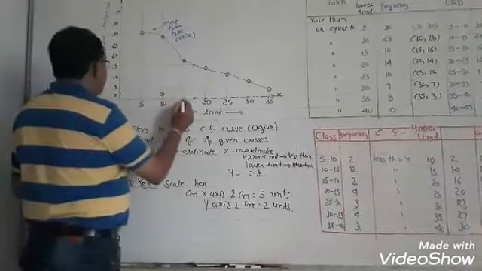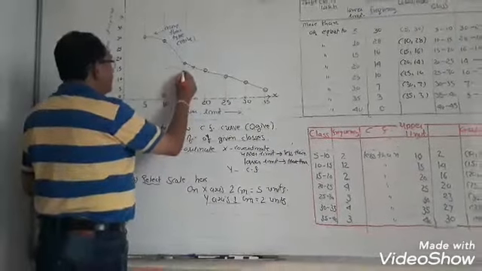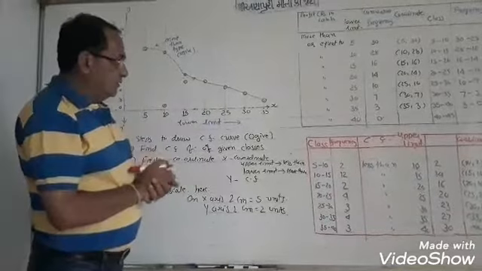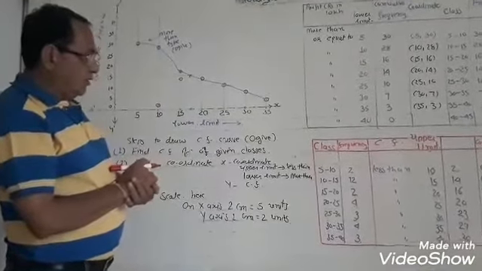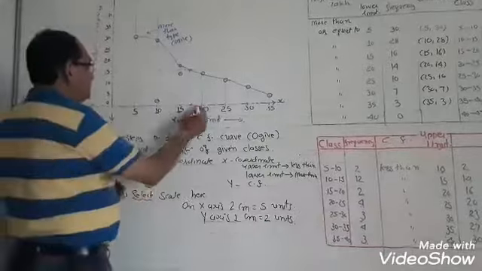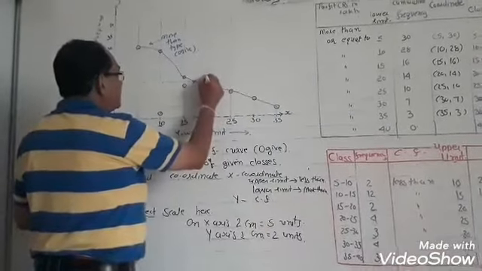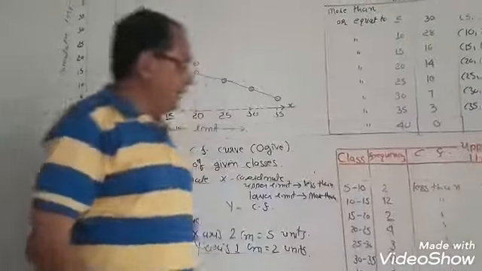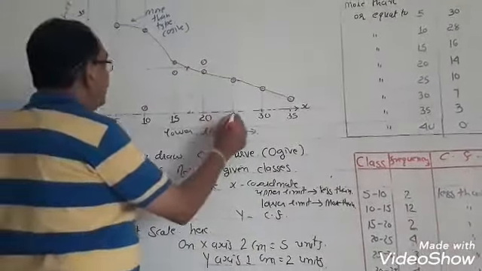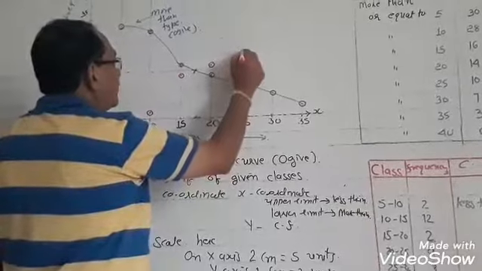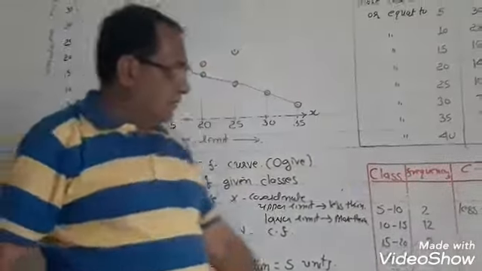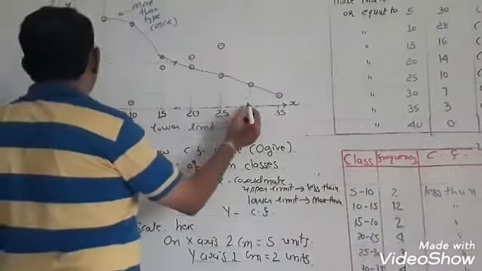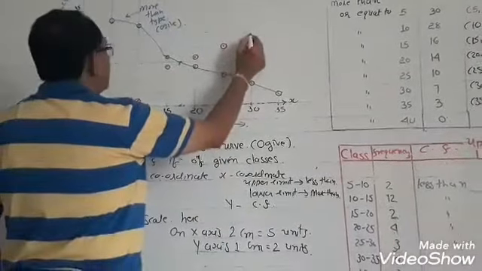Next, 20 and 16. Then 25 and 20. Next, 30 and 23.